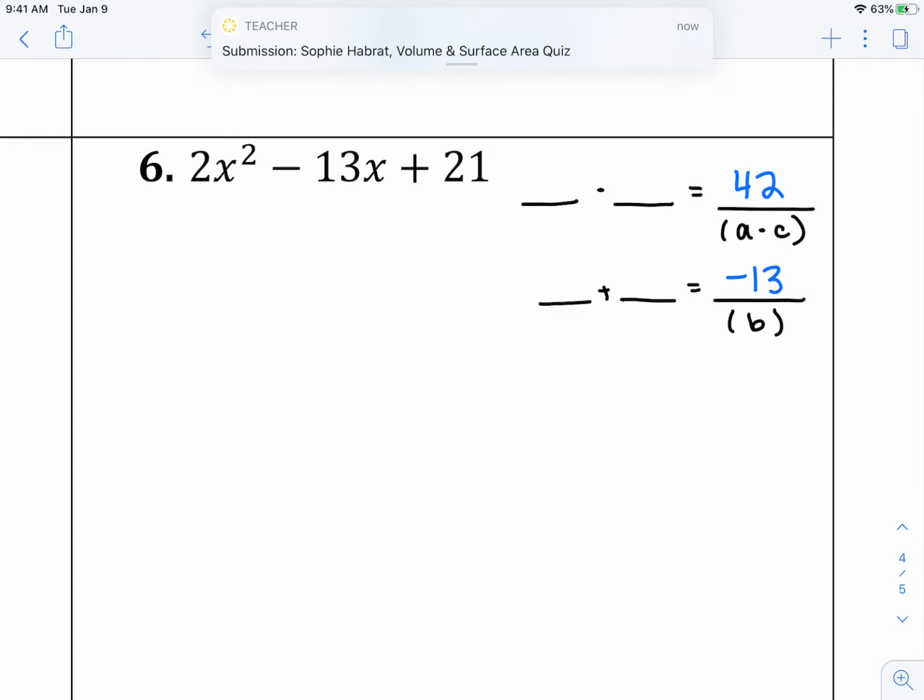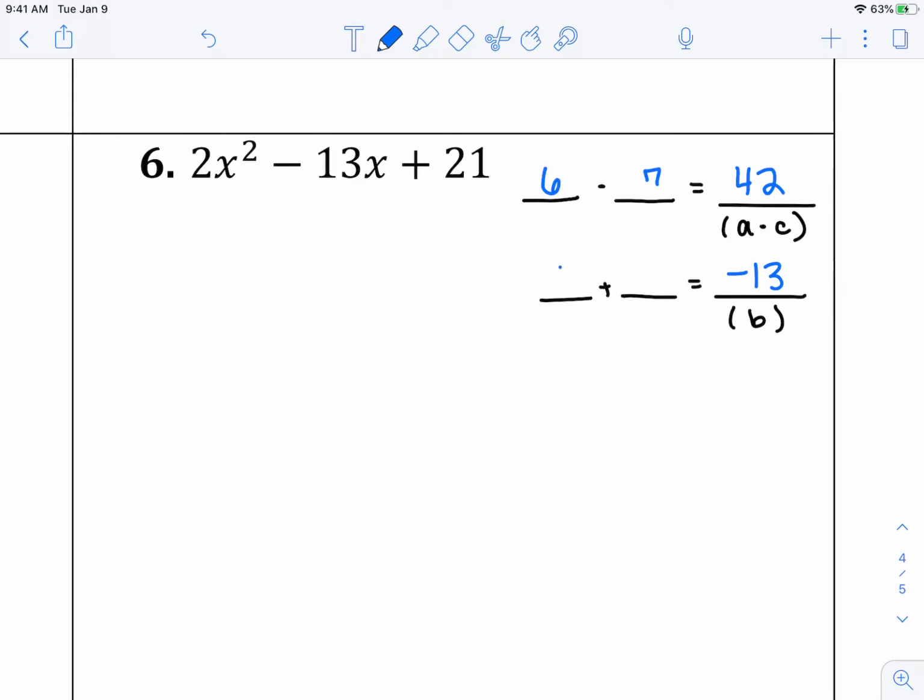If you don't know this one off the top of your head, put it in your calculator, guess and check, whatever you need to do to figure out what factors will work. I'm thinking it's going to be 6 and 7, but those actually both need to be negatives.